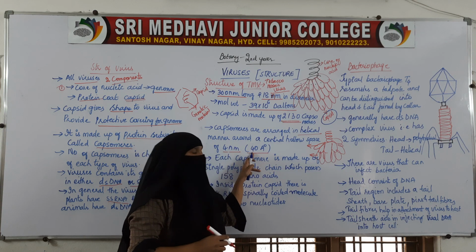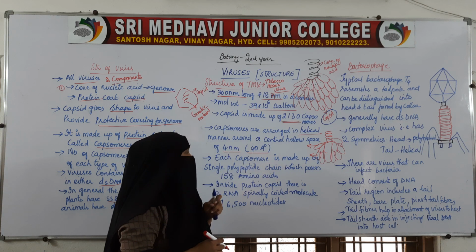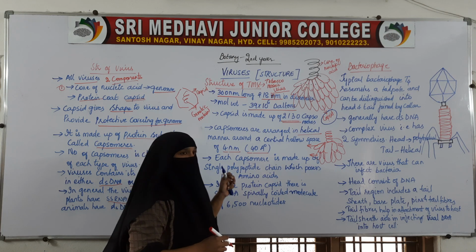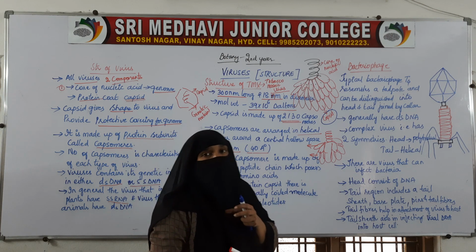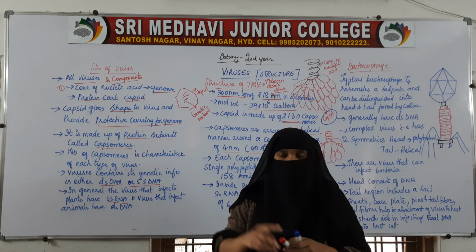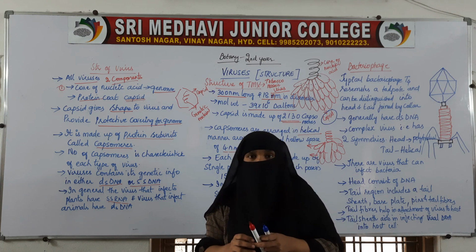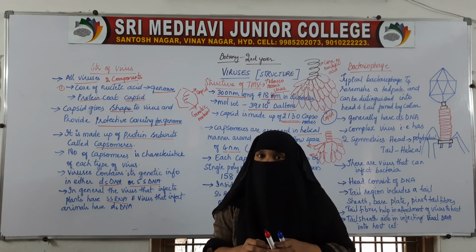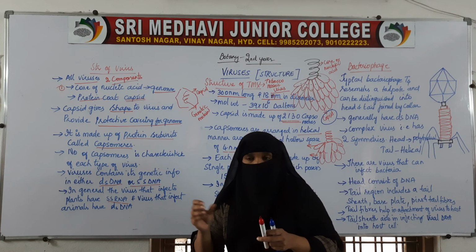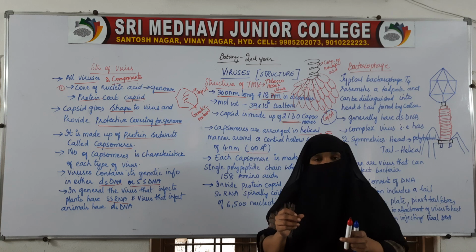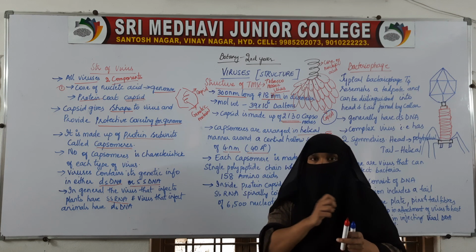which is equal to 40 angstroms. Now each capsomere is made up of proteins. A capsomere is a small subunit of protein, and those proteins are made up of amino acids. Amino acids are joined together in a peptide chain making a protein.